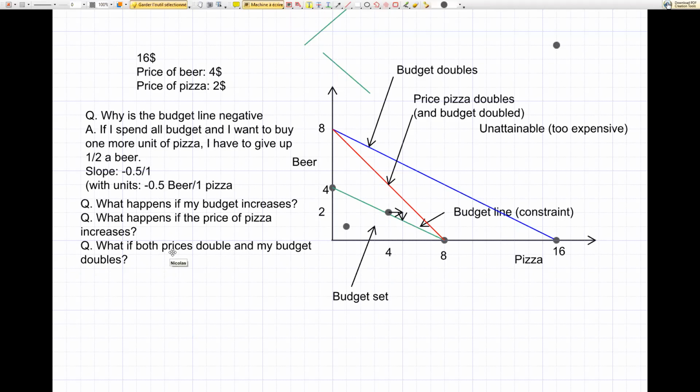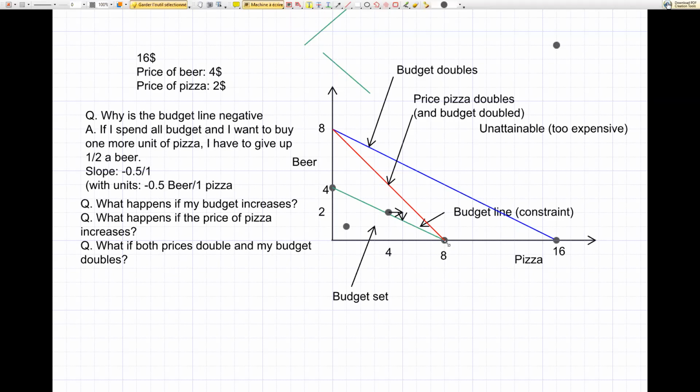Okay, so last question, and then we move on. Is it fair to say that the budget line will only change if the proportions between the budget and prices change, unless it'll just be the same, but just bigger? Yes, exactly. So for instance, will this number 8 change?